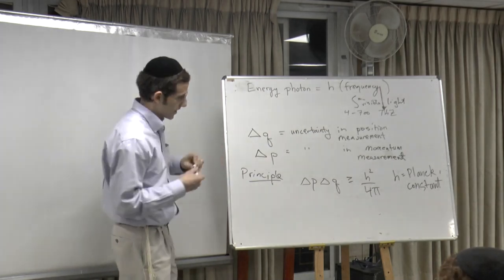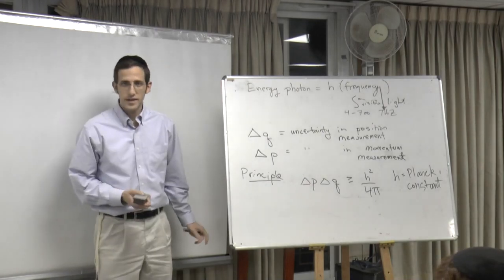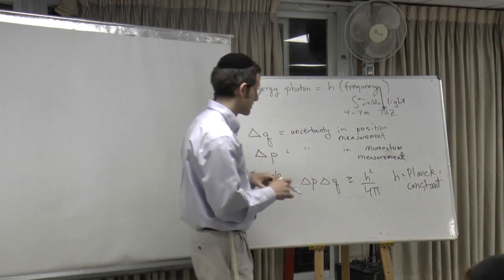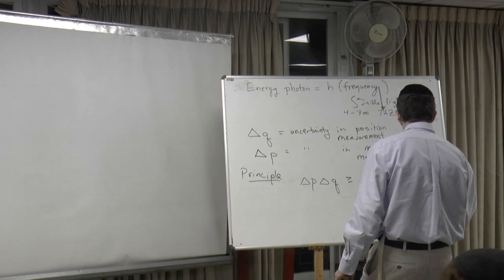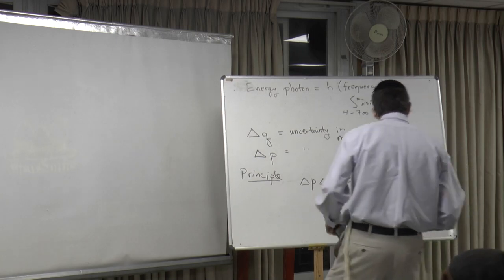We never know where they are, well, we could know where they are if we had absolutely no clue how fast they were moving. Roughly speaking, h is 6.62 times 10 to the negative 34 meters squared kilogram per second.